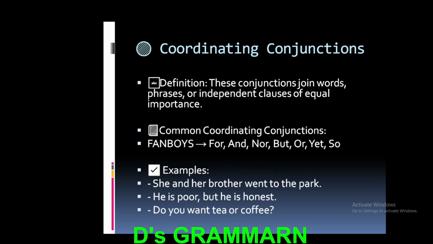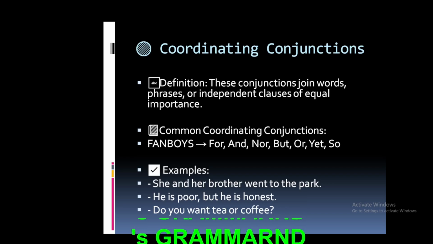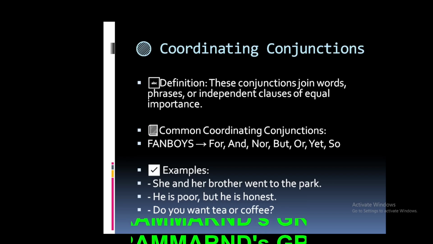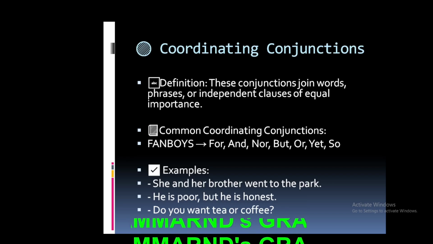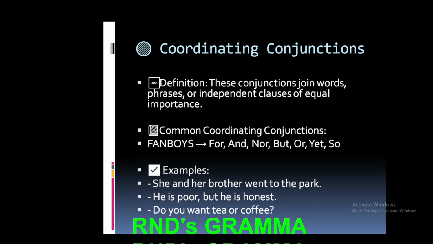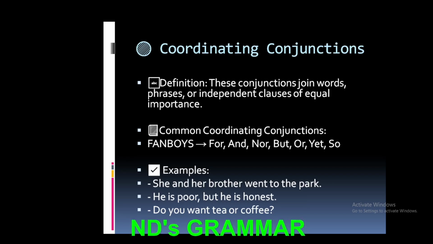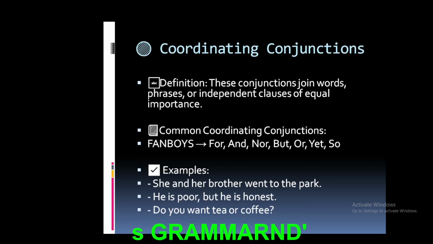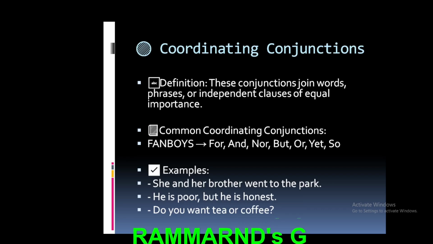Coordinating conjunctions. Definition: these conjunctions join words, phrases, or independent clauses of equal importance or equal status. That is, both the statements or sentences are of equal status, of equal construction.